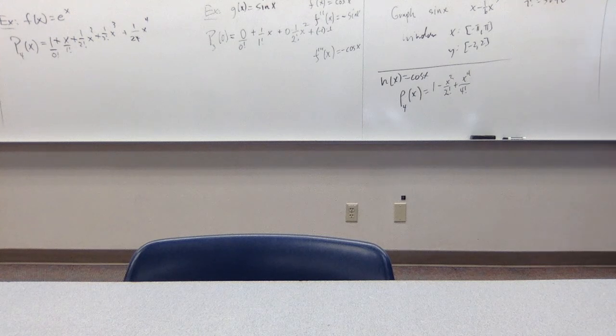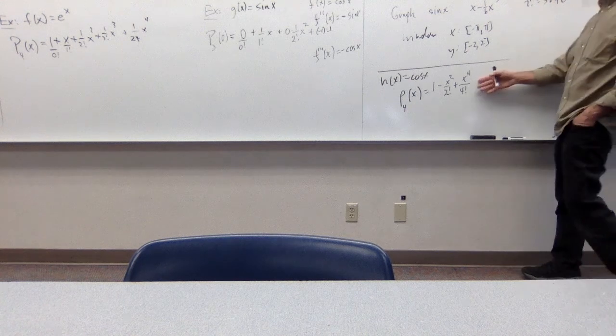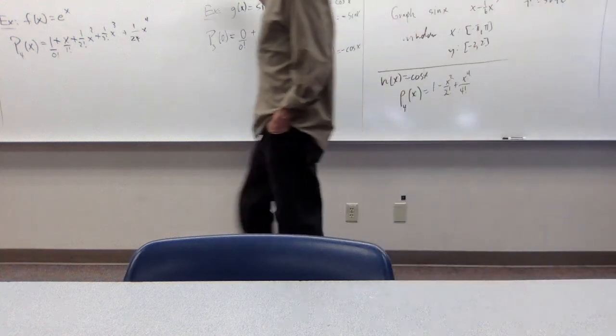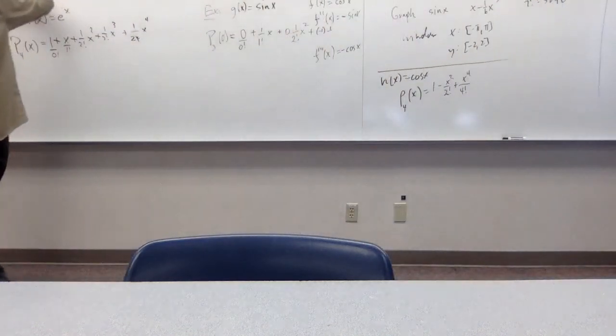Obviously, we could calculate derivatives. I'm just asking you to think about it in comparison to the sine that we just did and see if this seems reasonable. And go ahead and graph those in cosine. See what you think. See if we did a good job.